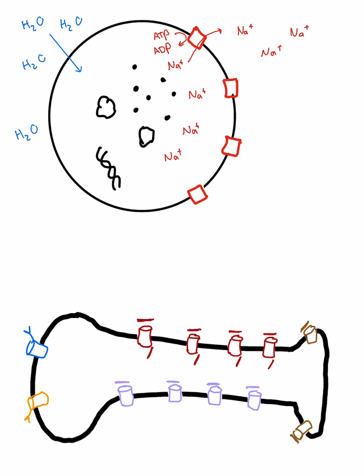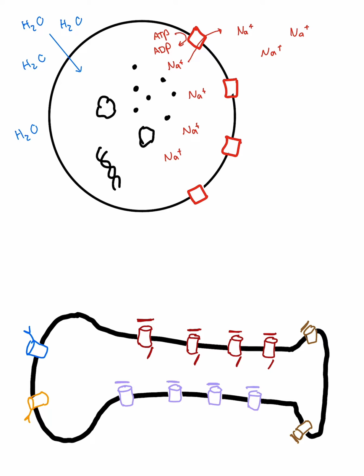So I'm pumping sodium from a low concentration within the cell towards a high concentration. So it's going against its normal concentration gradient, which means that it takes energy. It takes energy in the form of ATP, hydrolyzing that phosphate and producing ADP.